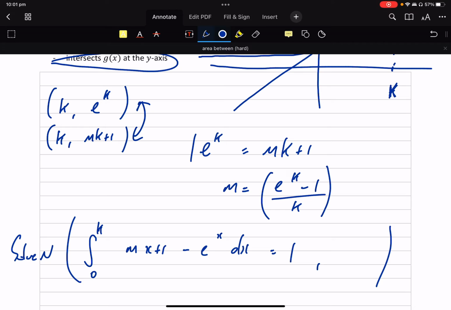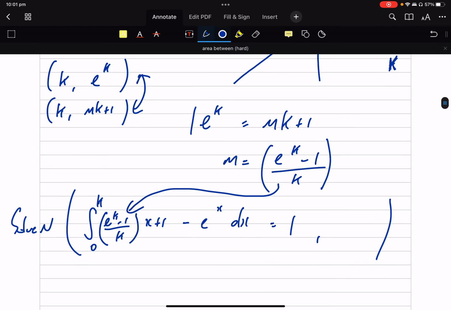So we're going to put that down there. So let's just get rid of that m and go e to the k minus 1 on k. And now we can just solve for k.